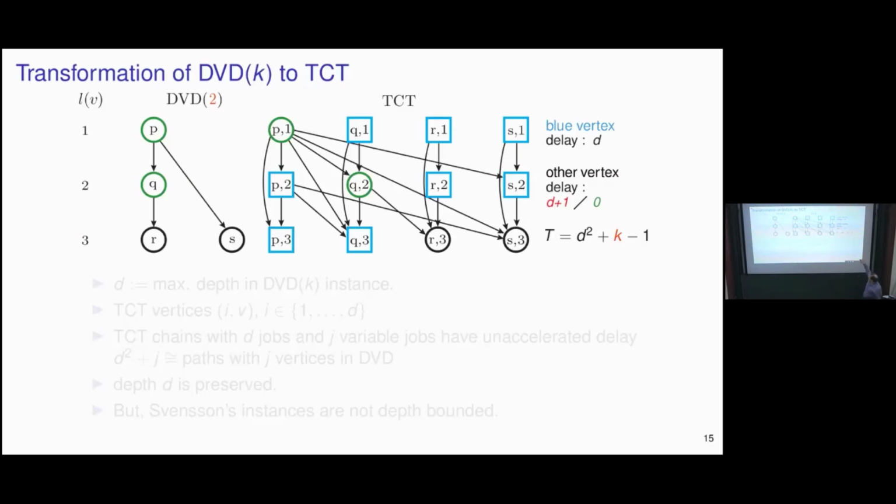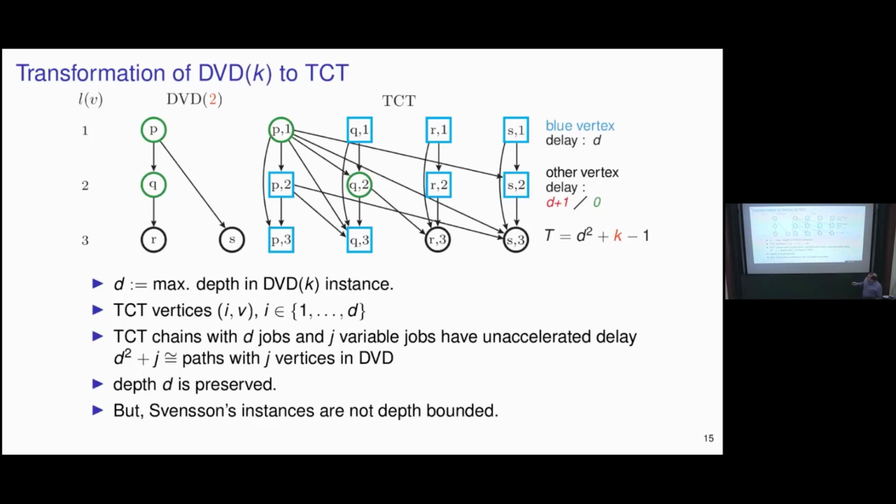And we connect them downwards. We have an arc if it is in the original graph and the level is increasing from one vertex to the other. And one can show that this is a reduction that preserves the depth. So if this depth would be d, this depth is also d. It's obvious.